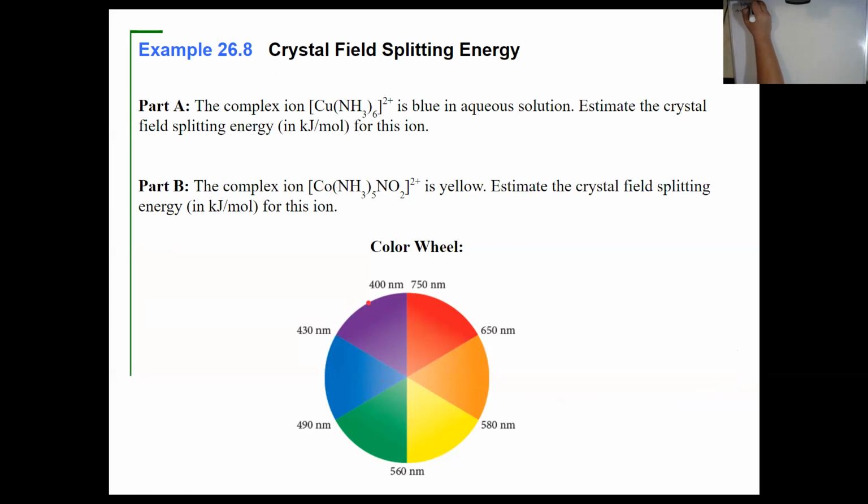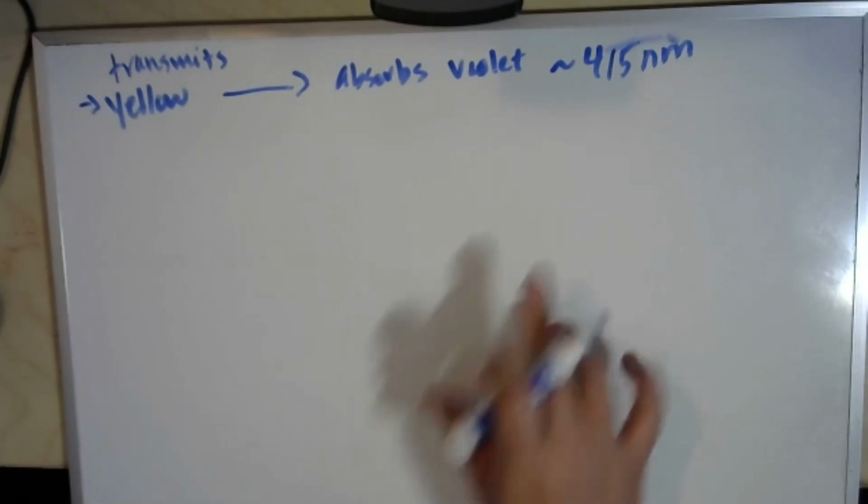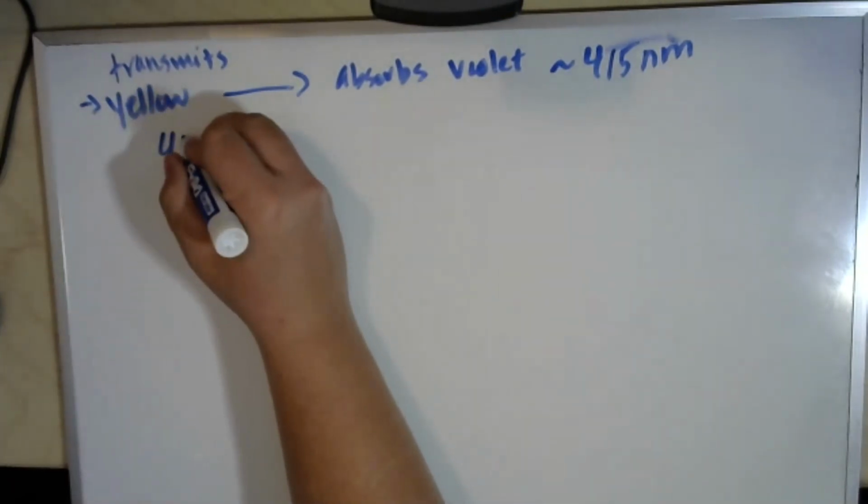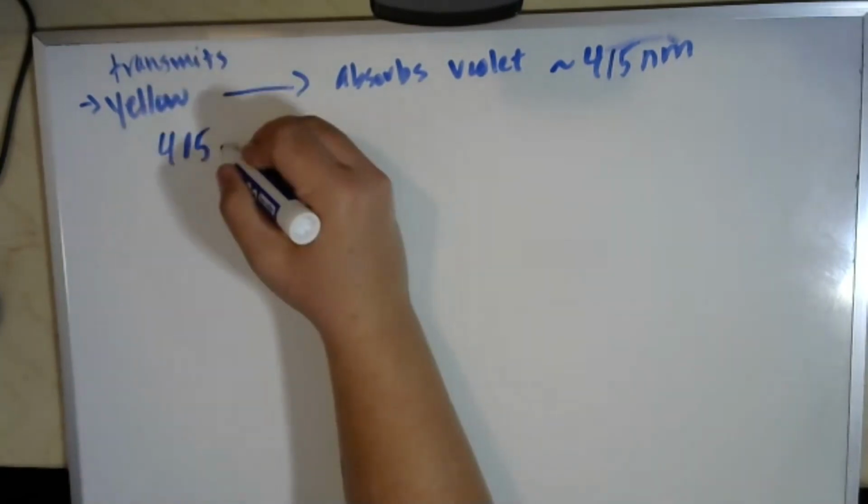Let's write that down. Absorbs violet, around 415 nanometers. We could take this nanometer value and put it into meters right away now that we know the process.